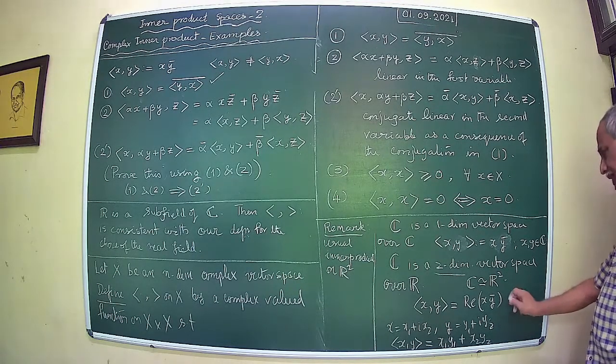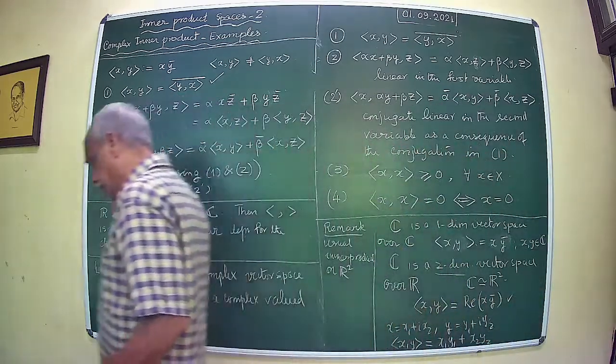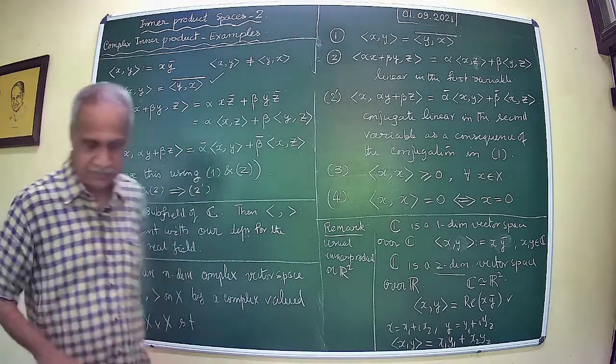So verify that this defines a credible inner product on the space by verifying that all those properties are satisfied. Okay.